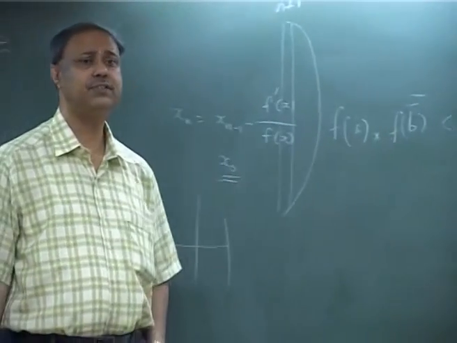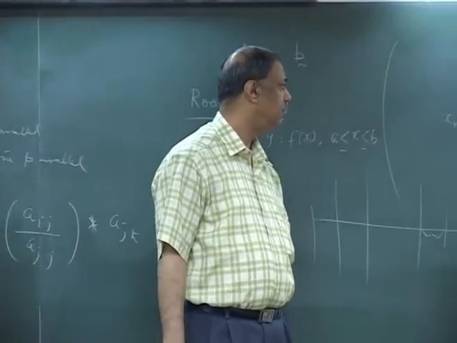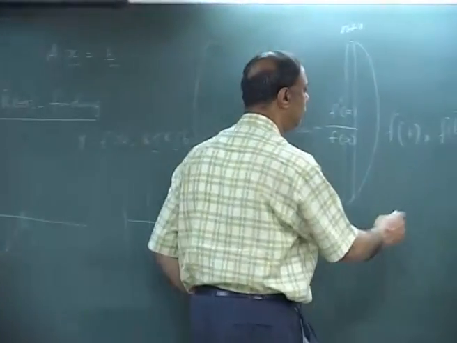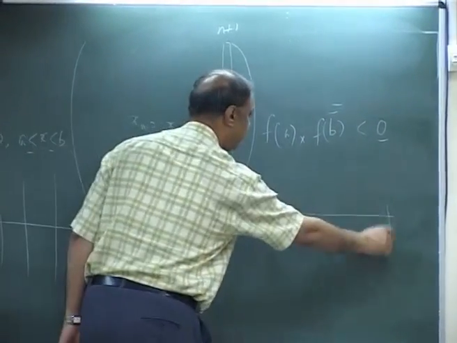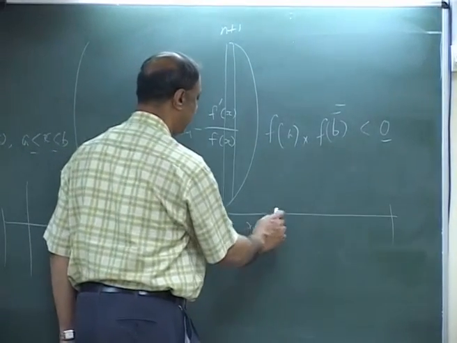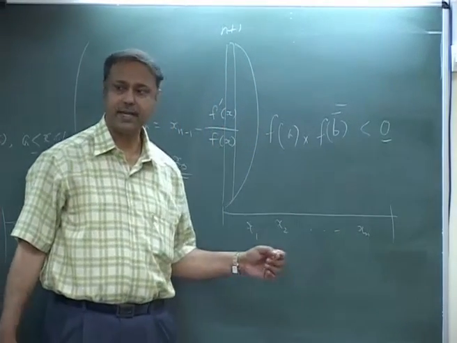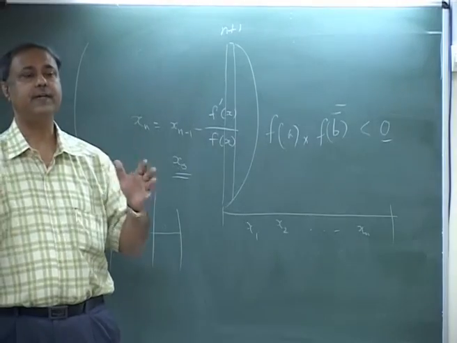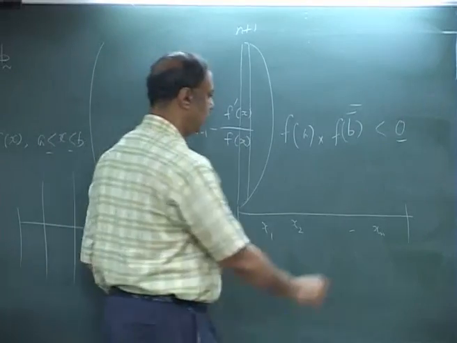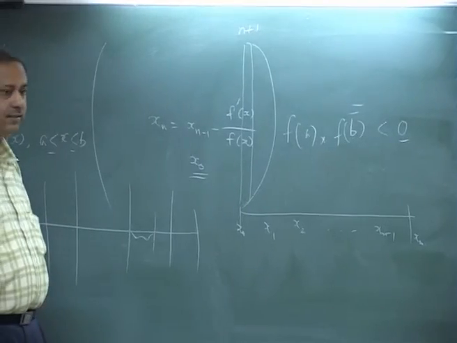Here also the function is always defined between A and B, right? So instead of selecting a seed value, what you do is divide this into n groups: x1, x2, up to xn. So A is x0 and B is the last point.